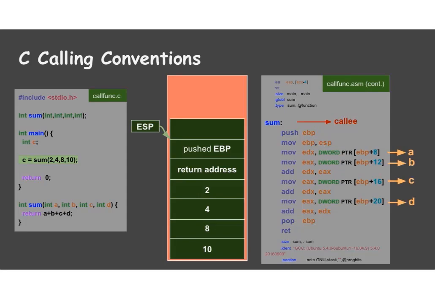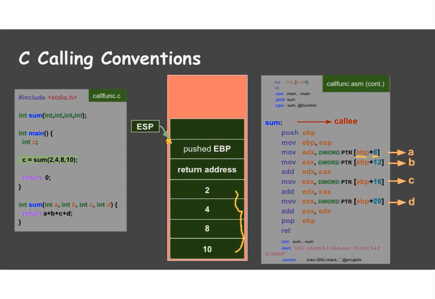Now, we want to access these elements, and then we simply add them together and return those values through EAX to the caller. So let's see how this can be done. In here, if you take a look at the EBP register, the value that is added to it is 8. So EBP is now pointing to this here.